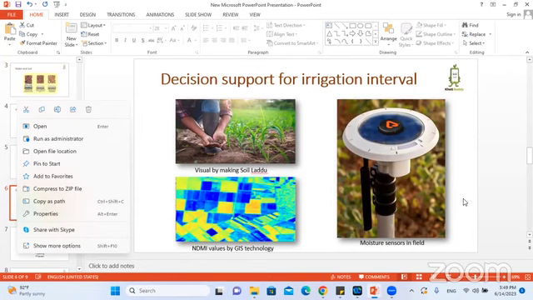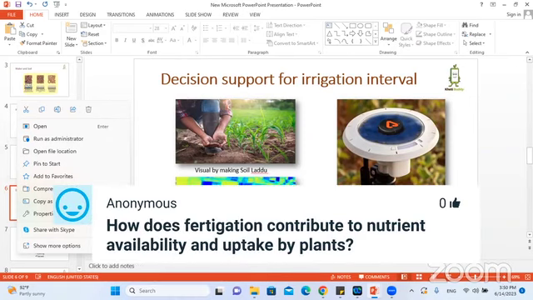And how does fertigation contribute to nutrient availability and uptake by plants? Fertigation, yeah, nutrients are majorly soluble. Any crop absorbs nutrients only in soluble form in its root zone.